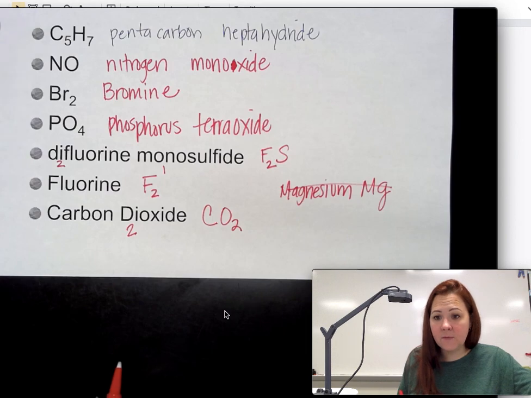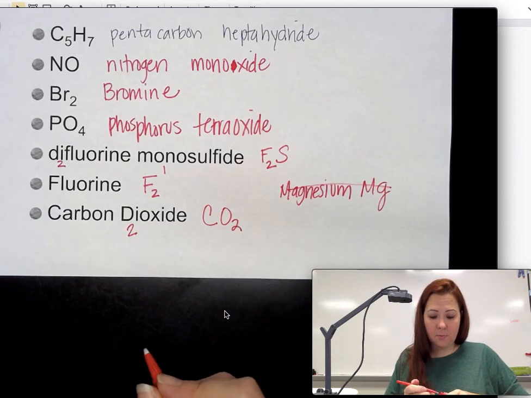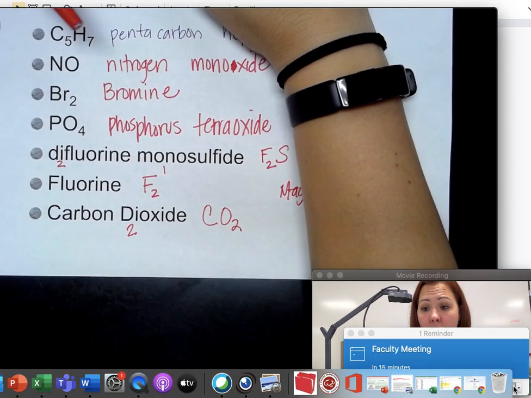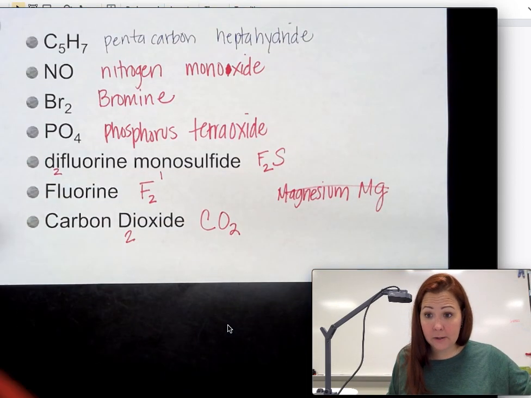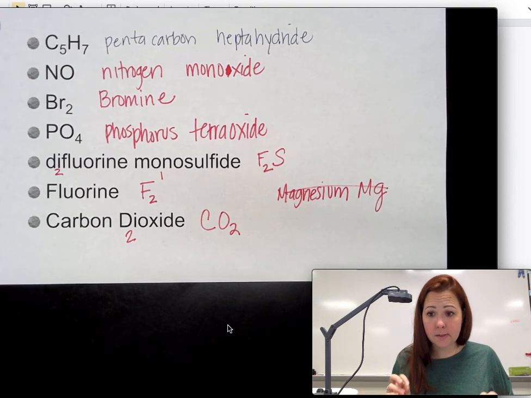So I hope that that's helpful with your covalent compounds. The big thing to remember, big mistakes that people make, is this is only when you have 2 or more nonmetals together. If you have a metal or if you have a polyatomic ion, you do not use prefixes.